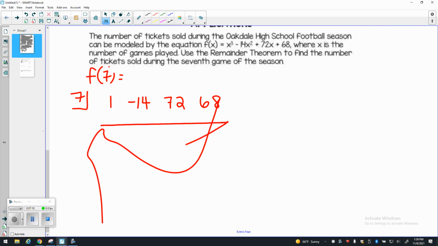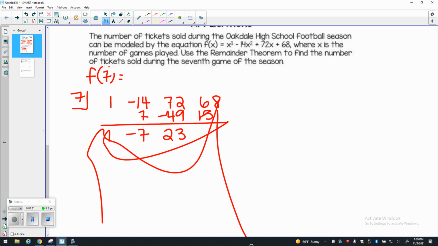So drop down the 1, 7, -7, -49. What is that? 23? Right? Yeah. 23, 140, 151. Is that right? 61, thank you. And so 228, 29, 1, thank you. 229 tickets sold. That makes sense?